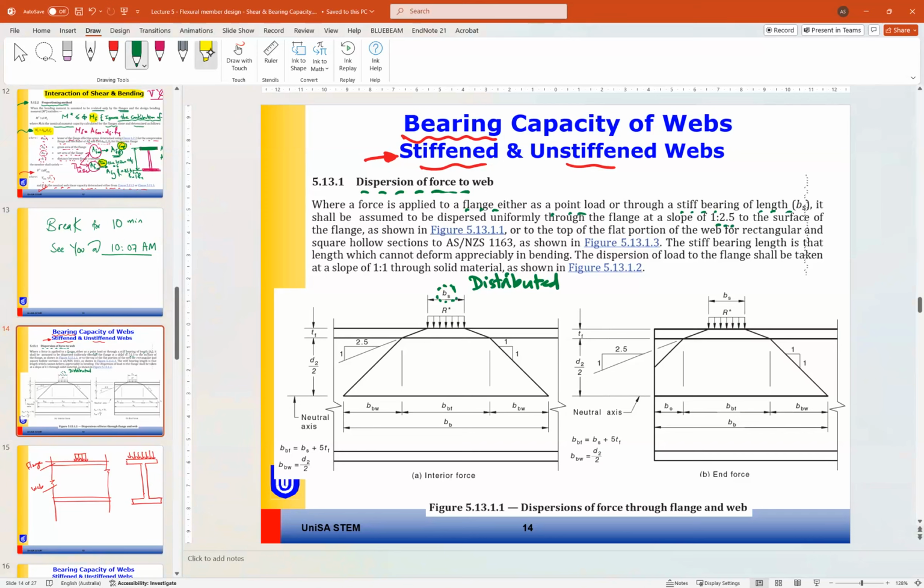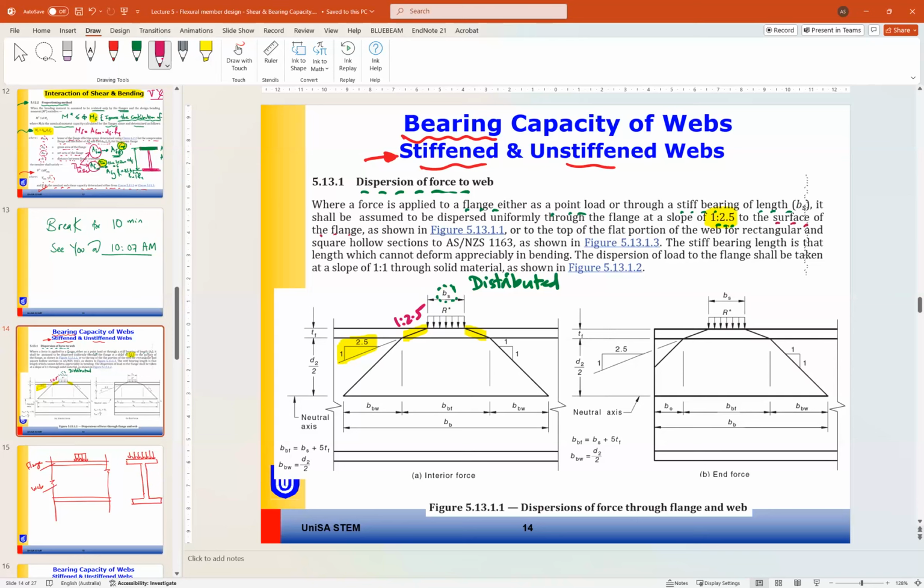So this is the first part here in the flange because it is not very thick. So the load will be transferred using a slope of 1 to 2.5. So this is for the flange.